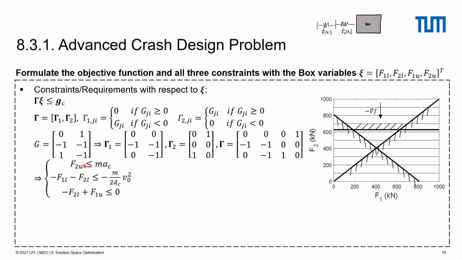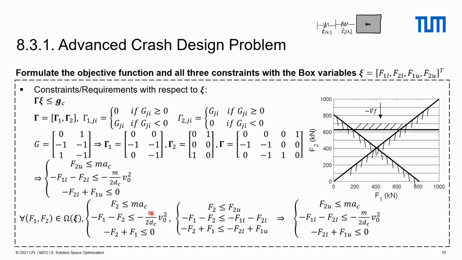So with gamma and GC, we have the three constraints with respect to our design variables C. That is F2U smaller equal n times AC, minus F1L minus F2L smaller equal minus M times V0 squared divided by 2 times DC, and minus F2L plus F1U less equal 0.